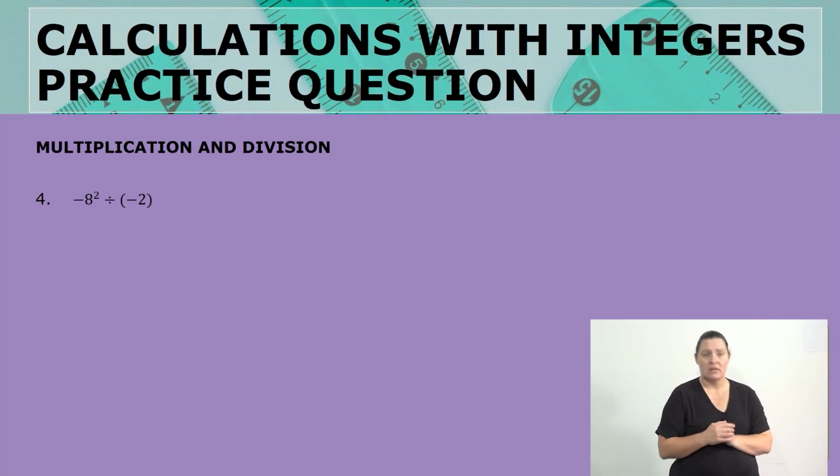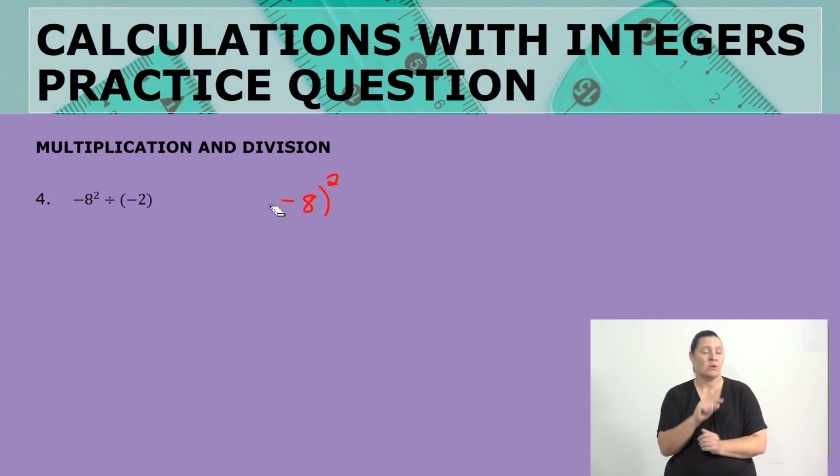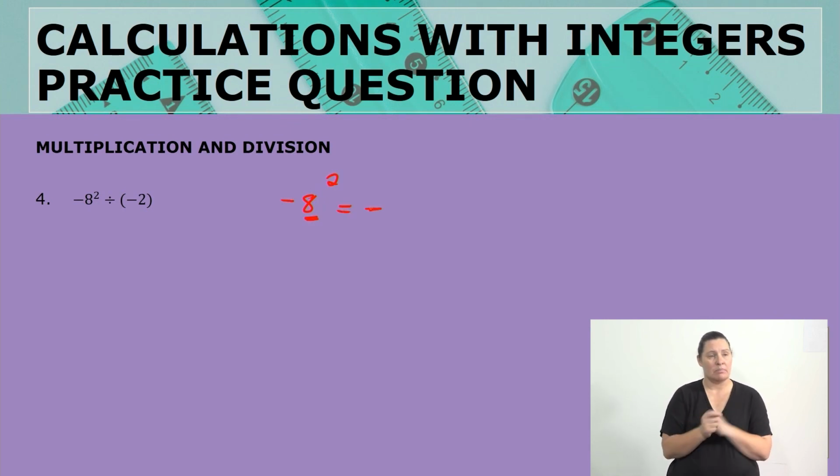So if I wanted to say negative 8 squared, I would have placed it in brackets. But because there are no brackets, this means that the only number being squared is the 8. So what does this become? The negative stays where it is, and we say 8 multiplied by 8. And our answer there is going to be a negative 64.